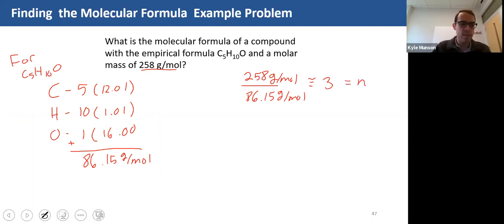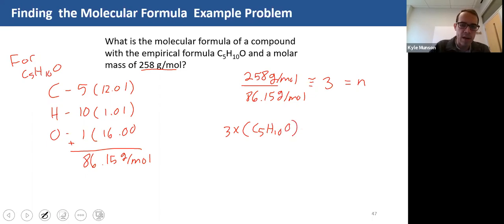So now I'm going to use that to find out how many empirical formula units I have. Well, I have 3 empirical formula units. So it's going to be like 3 times C5H10O.